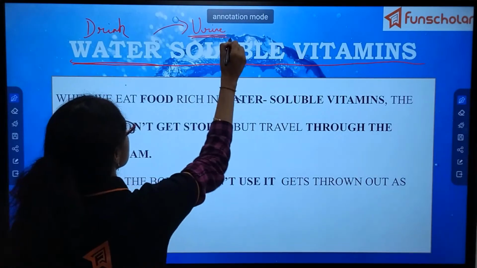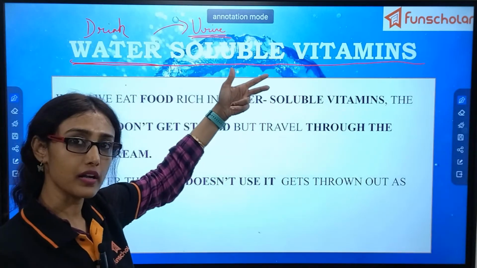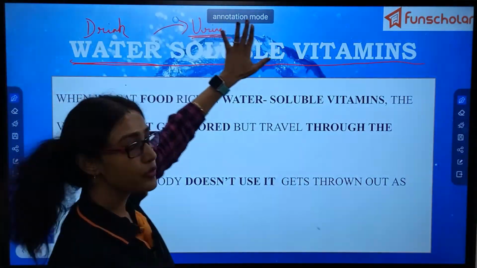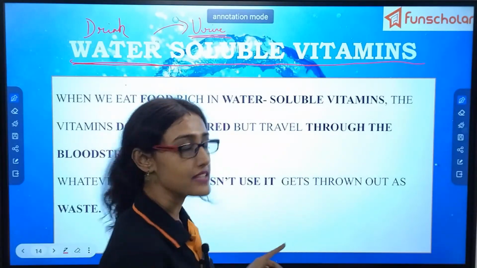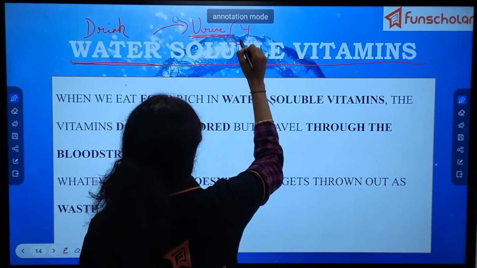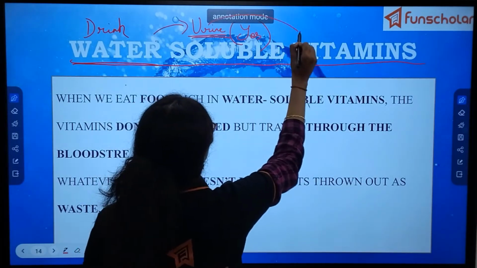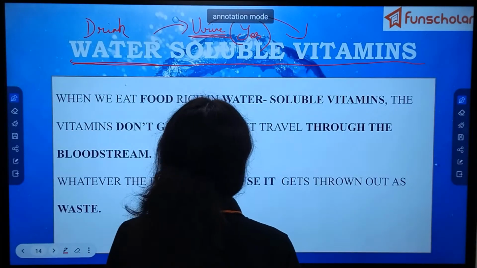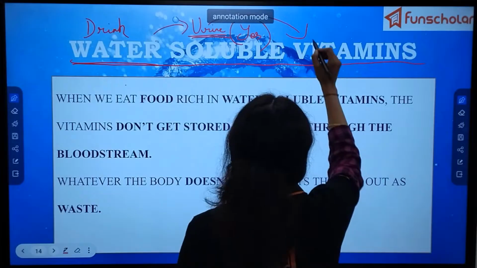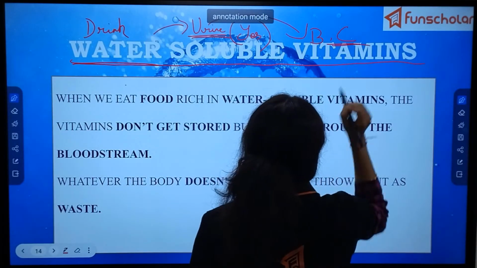So, what do you think? Those vitamins that are soluble in water, will they come out in the urine, yes or no? Yes, they will come out with the urine. So, if the question comes, what vitamins come out through urine? The answer will be vitamin B and vitamin C.